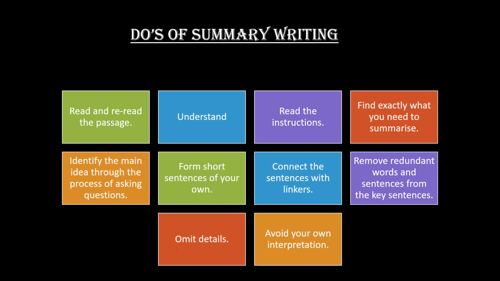Omit details. Too much detailing should not be there. It should be to the point. Avoid your own interpretation. Don't put your own ideas. You just have to state what the author is trying to say. You can use your sentences, but you can't give your opinion, your own view on the passage, your own examples, etc.